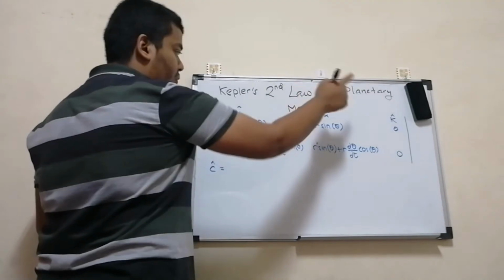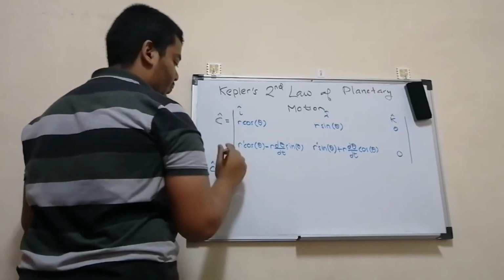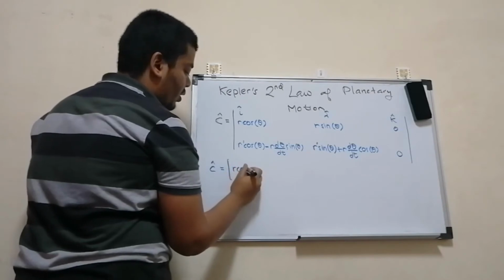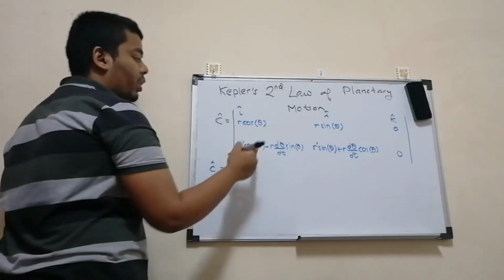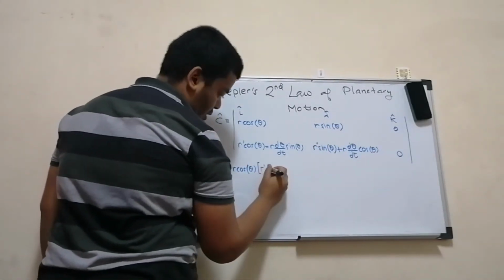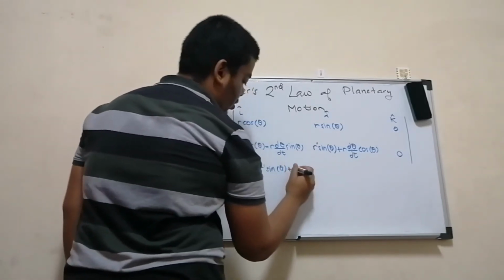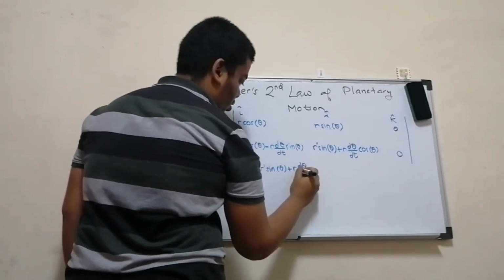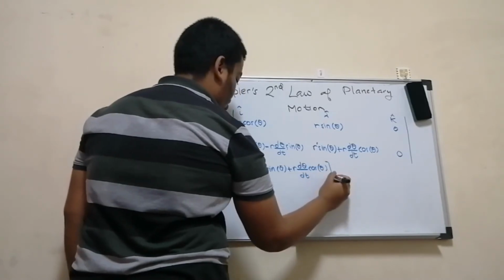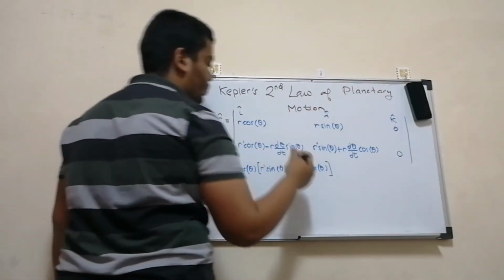For the k, when we cover the first row and the third column, we end up with r cos theta multiplied by this value, diagonals will multiply, and then we'll subtract the multiplication of the second diagonal right there.